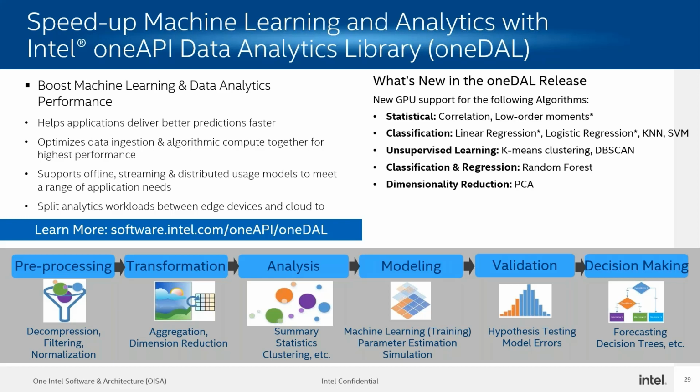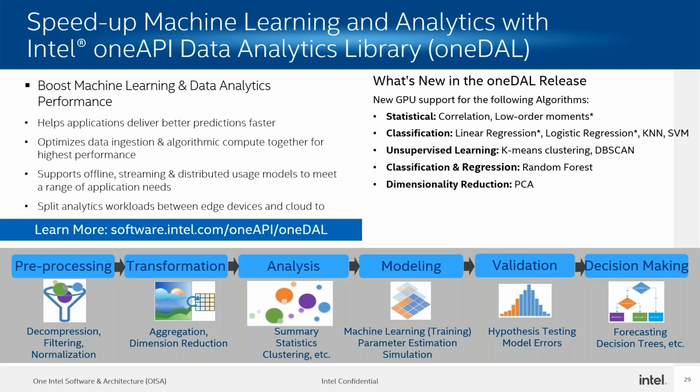As Lakshmi just introduced in the overview of the AI Analytics Toolkit, we have the Intel OneAPI Data Analytics Library, short for OneDAL. This library is designed specifically to speed up machine learning and analytics workloads.